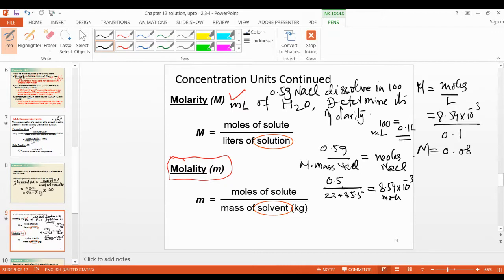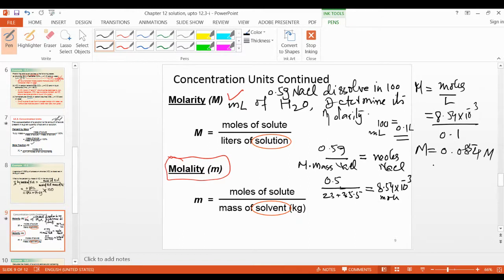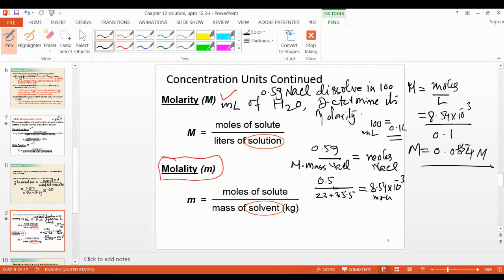So this is the way to determine molarity, right?